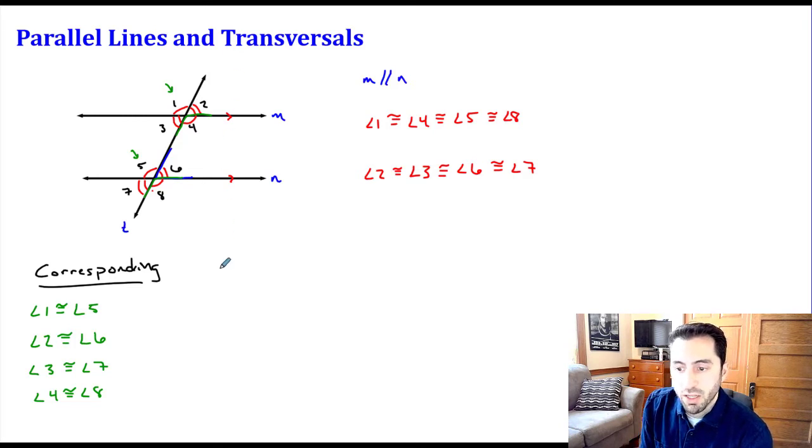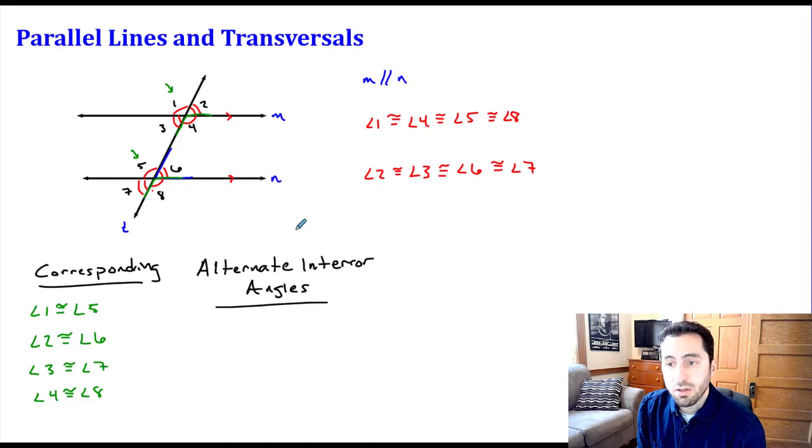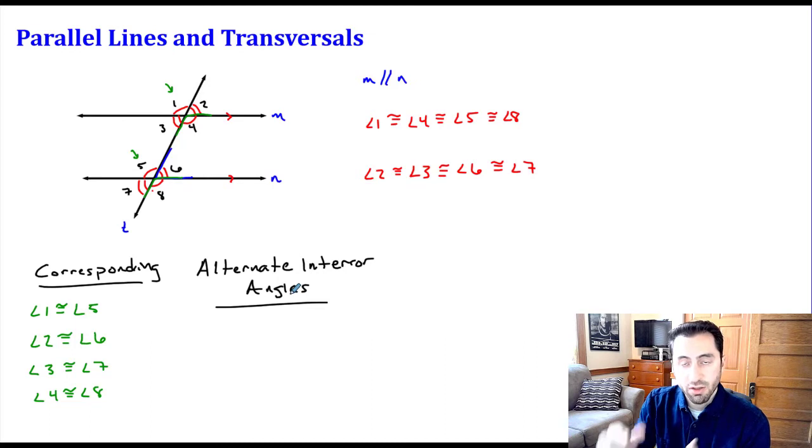The other special angle pairs we have, one of them is called the alternate interior angles. The name tells us everything we need to know. Alternate: one is on one side of the transversal, one is on the other side. Interior: they're in between our parallel lines.